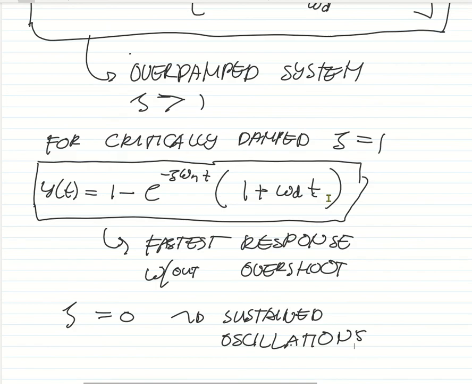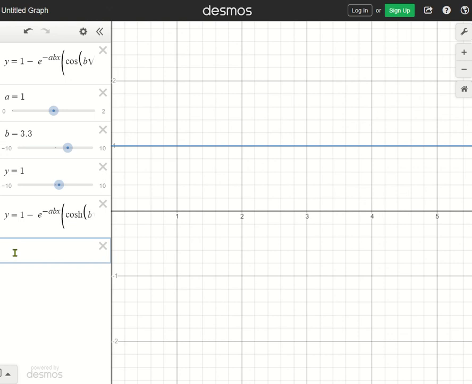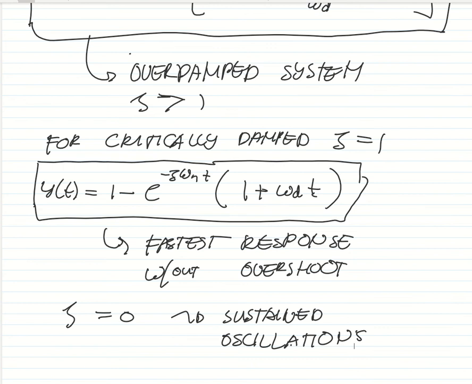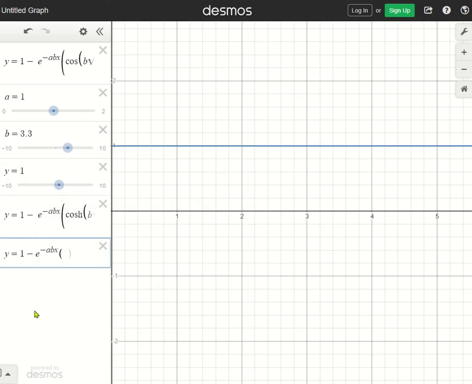For the critically damped, this will be the new equation. y of t equals 1 minus e raised to negative a b x, then you multiply this with 1 plus omega d times t. So 1 plus omega d.